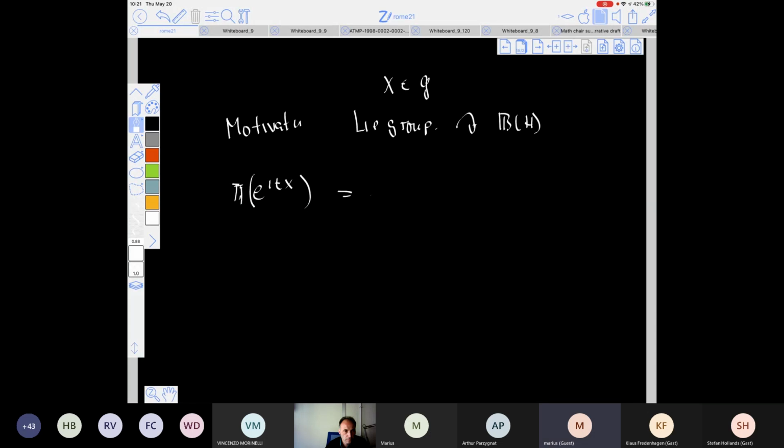Now this is necessarily of the form e to the itA for some A, an unbounded but self-adjoint operator on H. And the weight we want to work with is e to the A.